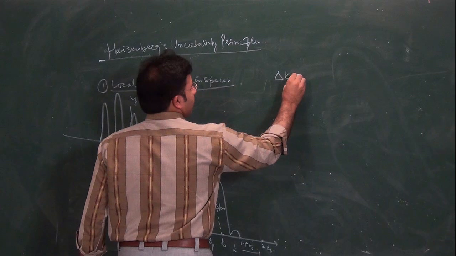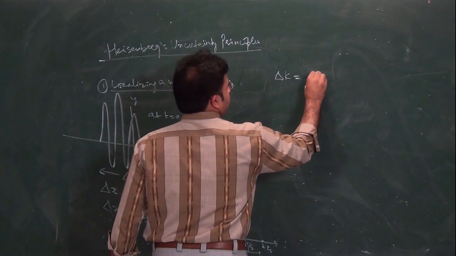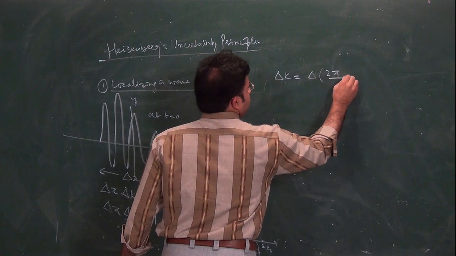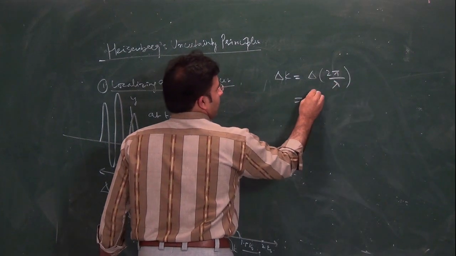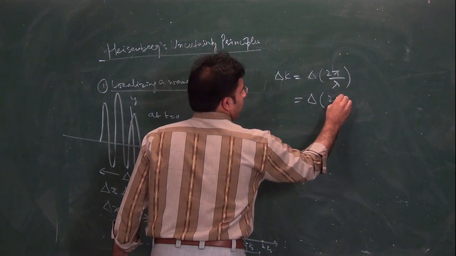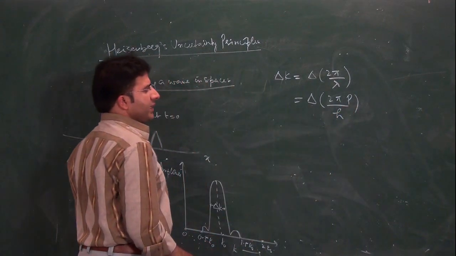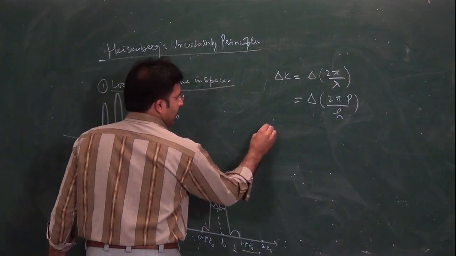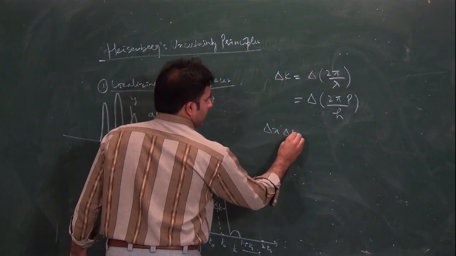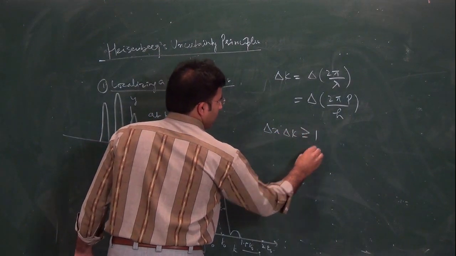Delta k for de Broglie waves is delta 2 pi by lambda, and lambda for de Broglie waves is h by p. So I will write it like this. Therefore, delta x delta k is greater than or equal to 1.